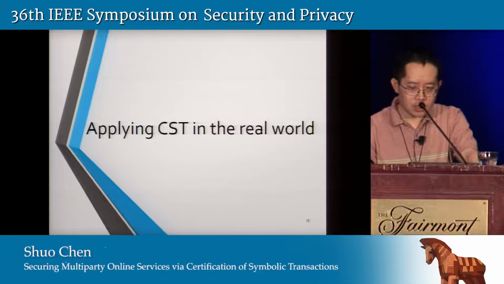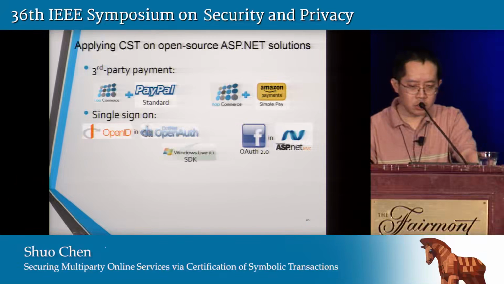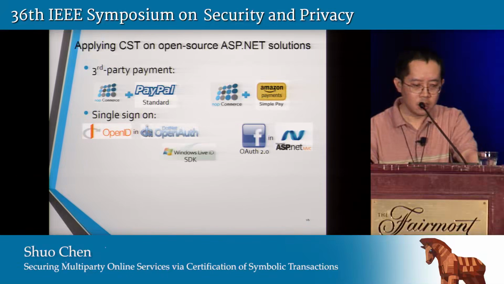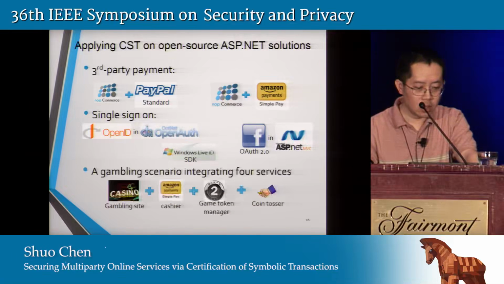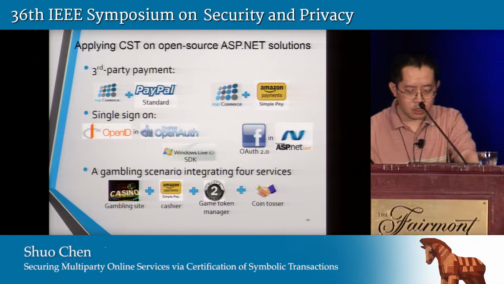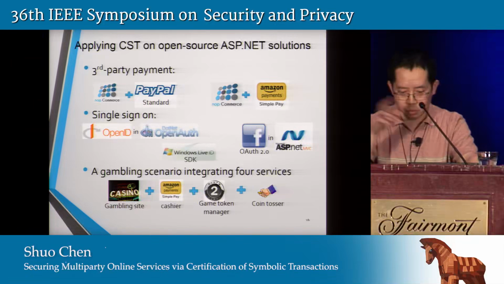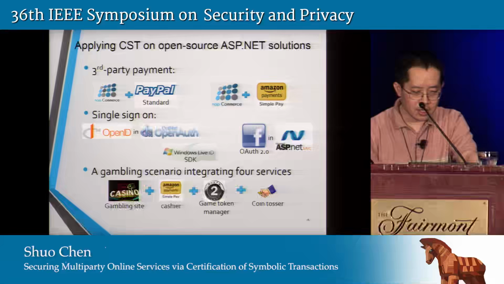We have applied CST on many open source ASP.NET solutions, including 2 third-party payment solutions and 3 single sign-on solutions. We also built a gambling scenario, which includes a gambling site, a cashier, a token manager, and a coin tosser. So we put these 4 all together.